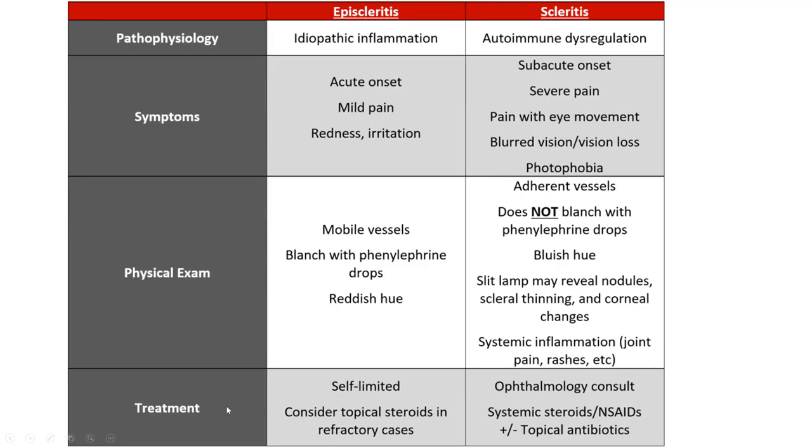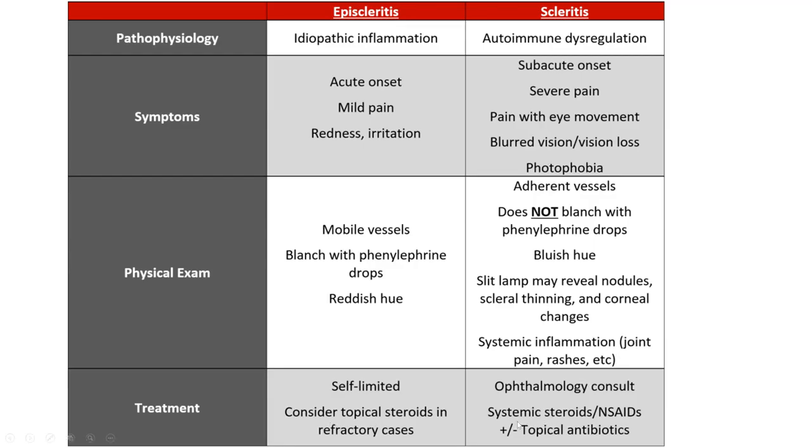Treatment for episcleritis is self-limited, and you only consider steroids for refractory cases. The first line will be non-steroidal, and you just add topical steroids for refractory cases. For scleritis, they will need rheumatologist and immunologist consultation.